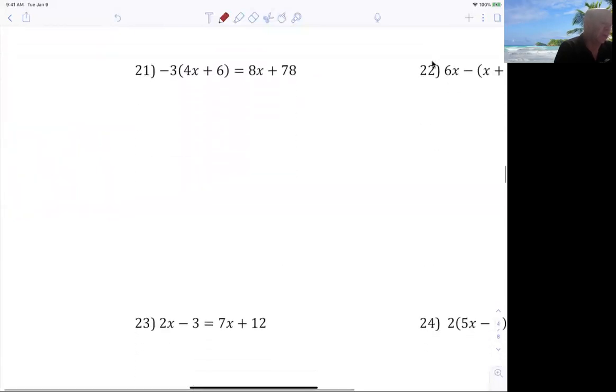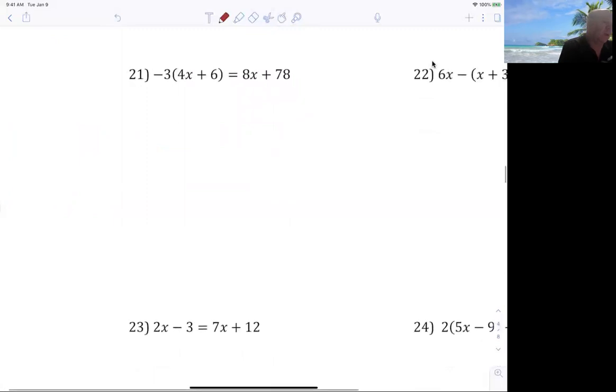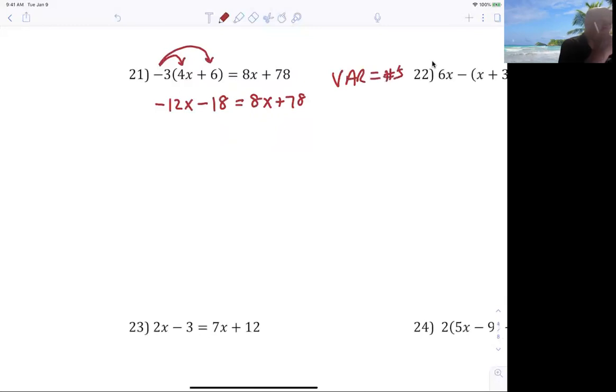Now, number 21. We want to distribute -3. So -3 times 4x is -12x. -3 times +6, -18, equals 8x plus 78. Now we're in a position where you want to do variables equal numbers.